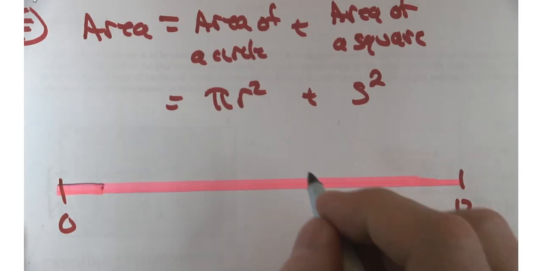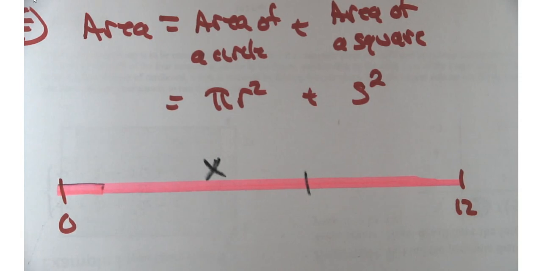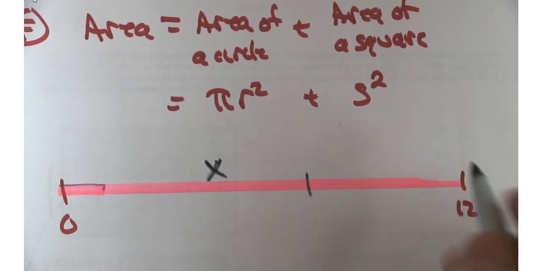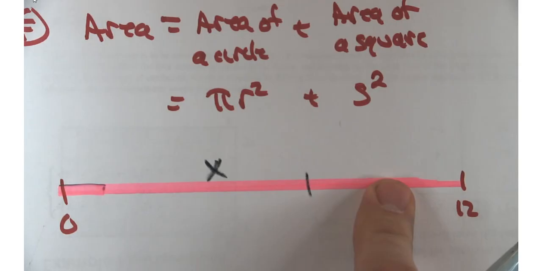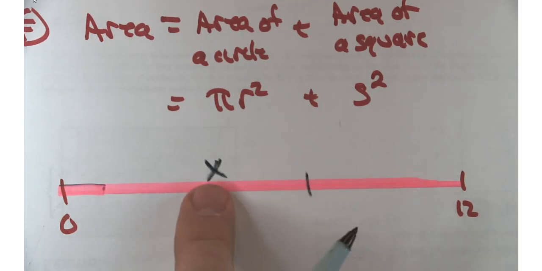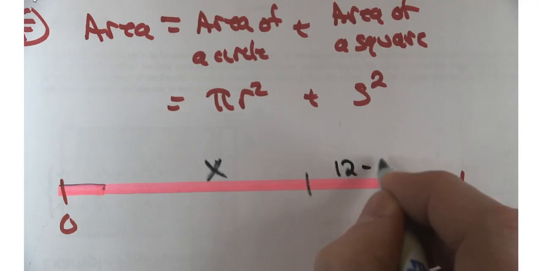But wherever you cut it, I'll call that length x. What's the rest of this going to be? If I cut out x here, if I cut out 8 units here, how much is left here? 4. If I cut out x units, then how much is left here? 12 minus x.